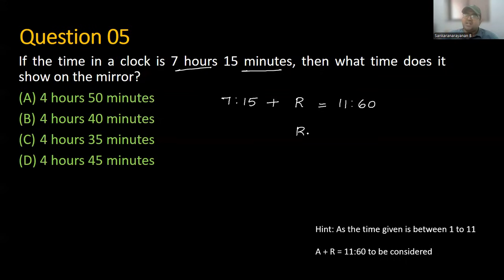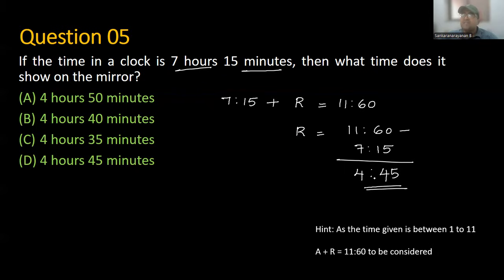So the time that you see on the reflection, that is on the mirror, can be calculated as 11:60 minus 7:15. I can see that 60 minus 15 is equal to 45. 11 minus 7 is equal to 4.